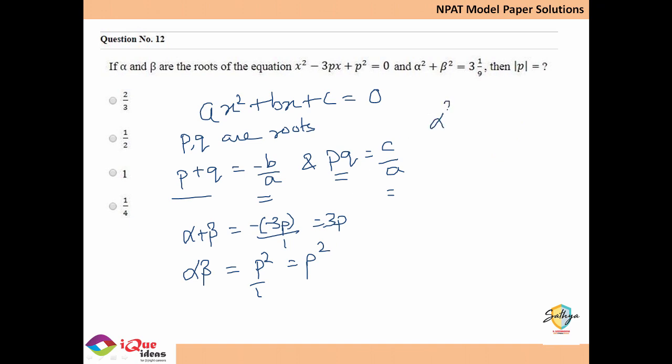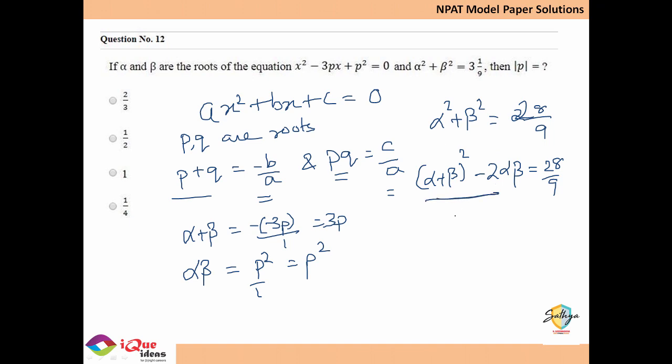Now, if I know that alpha square plus beta square is 3 integer 1 by 9, which I simplify to 28 by 9, I can say that alpha plus beta the whole square minus 2 alpha beta is equal to 28 by 9. Why 28 by 9? Because this is the value of alpha square plus beta square.